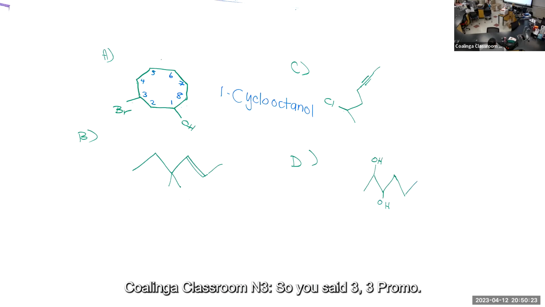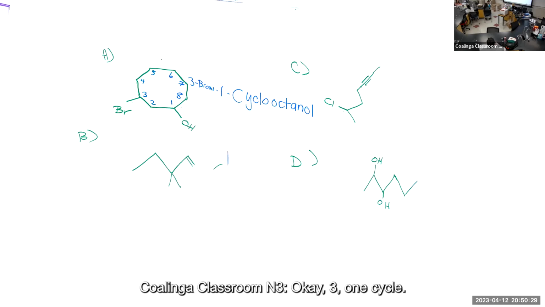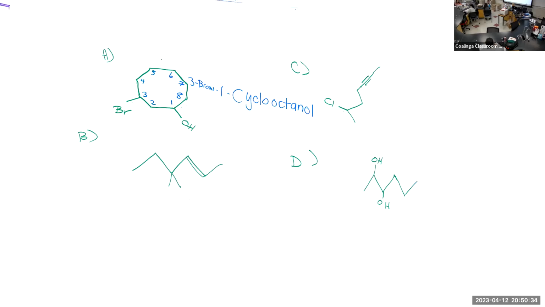So you said 3 bromo. Okay, 3 bromo, 1 cyclooctyl. Okay, where should I start counting? This side or this side?